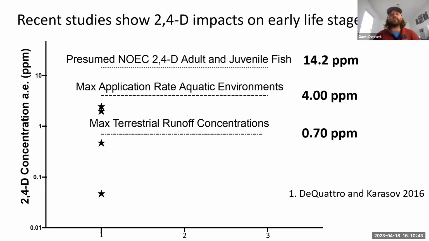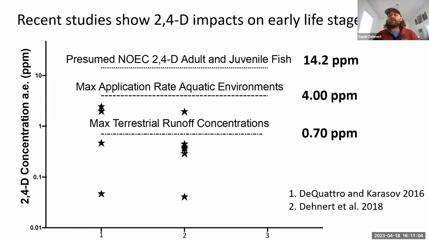These levels were up to 2 parts per million, but as low as 0.05 parts per million. We then decided to repeat this process and look at whether different 2,4-D herbicide formulations show the same impacts.